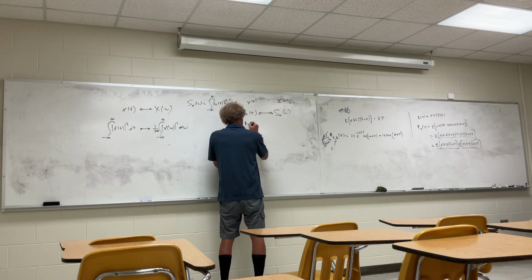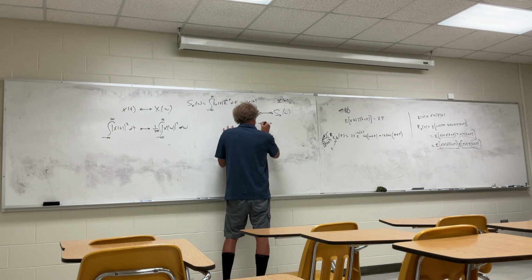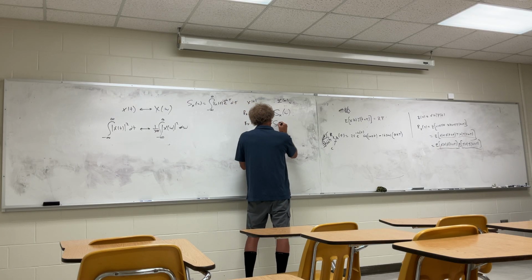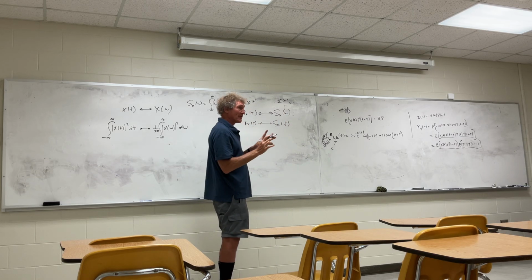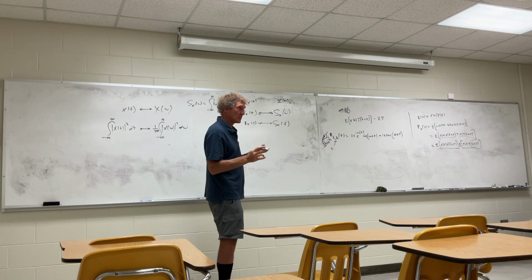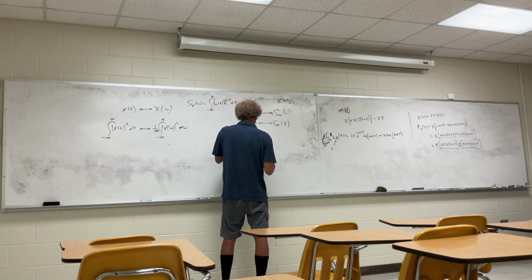I'm going to say also if we had Rx of tau, and instead of the omega domain, we had S_x of f, in other words, frequency, not omega, 2 pi f would be omega.